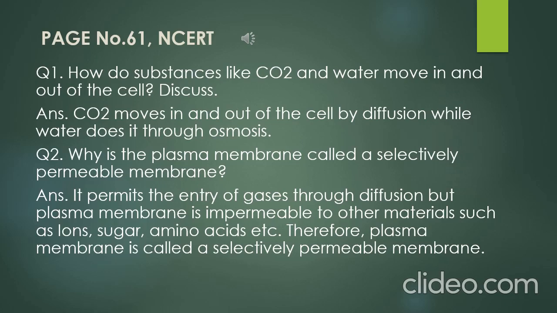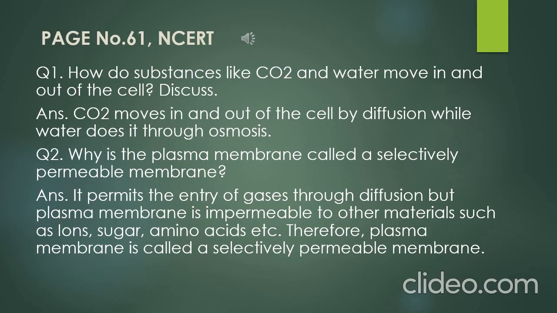Then second question is, why is the plasma membrane called a selectively permeable membrane? It permits the entry of gases through diffusion, but the plasma membrane is impermeable to other substances.